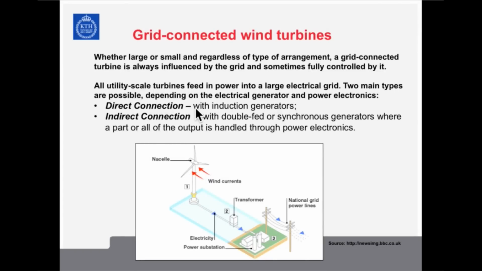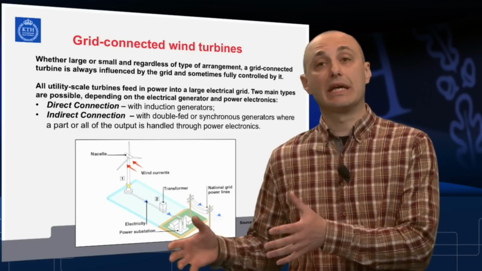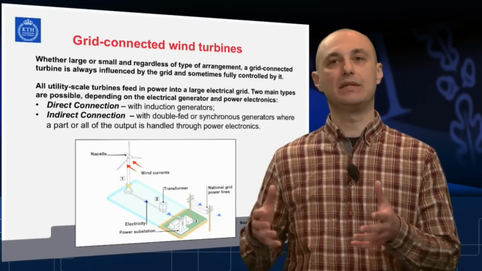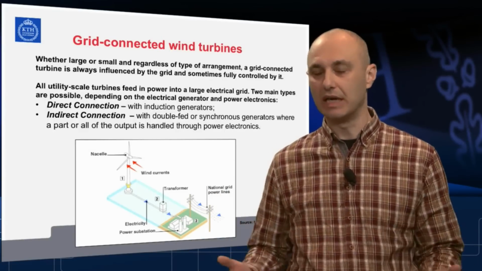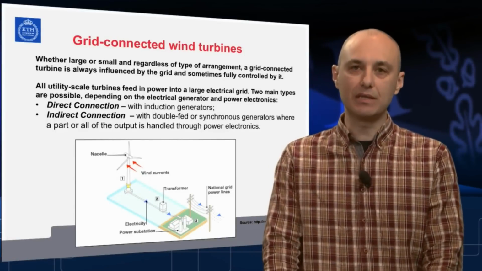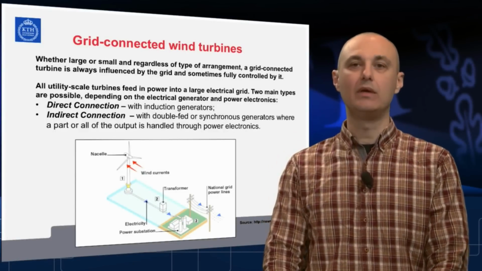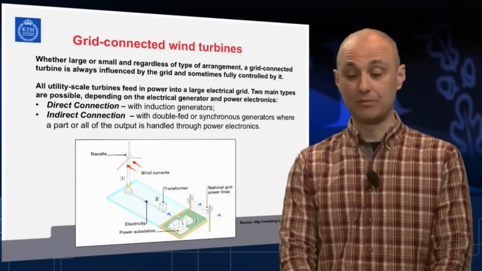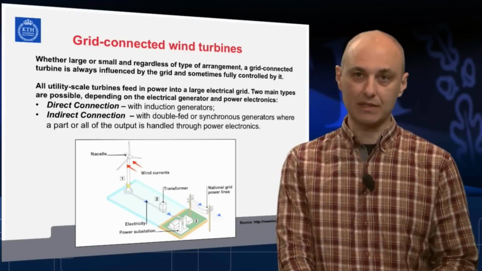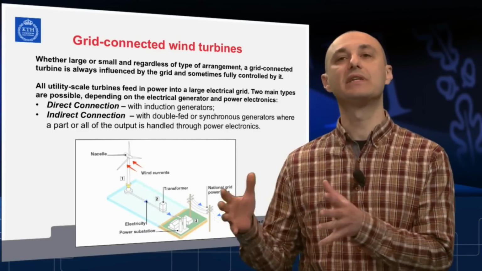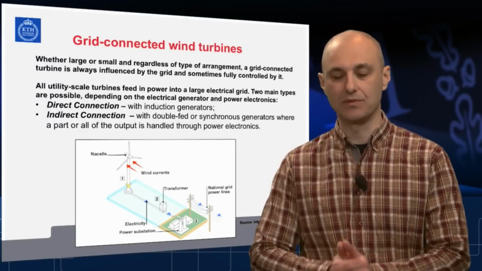The point is that as soon as you connect a turbine to the electrical grid, regardless of how big the turbine is, as soon as the grid is big enough that you connect a typical electrical generator into a large pool of other electrical generators, the grid completely controls the machine. It depends a bit on how the turbine is constructed, what kind of electrical generator it has, and what kind of connection infrastructure it uses.